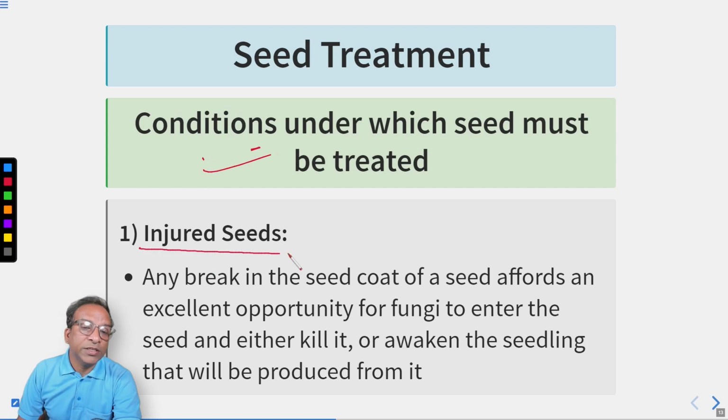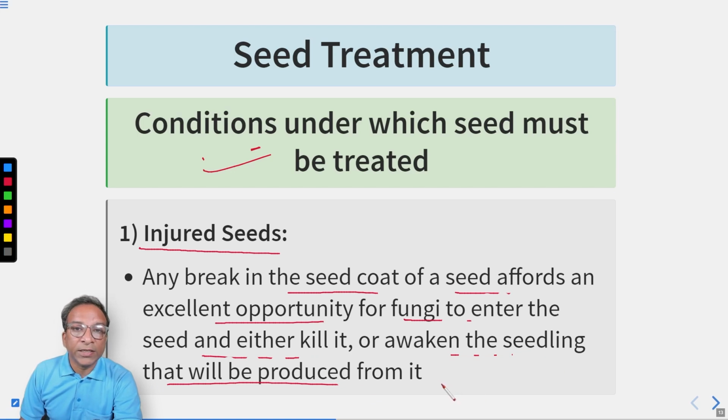First one is injured seed. Any break in the seed coat affords an excellent opportunity for fungi to enter the seed and either kill it or weaken the seedling that will be produced from it, right? So if the seed you are using is injured, with any break in the seed coat, that can affect the seed.